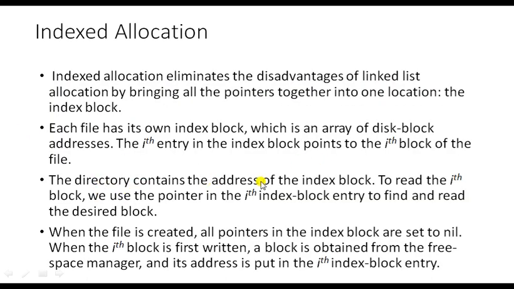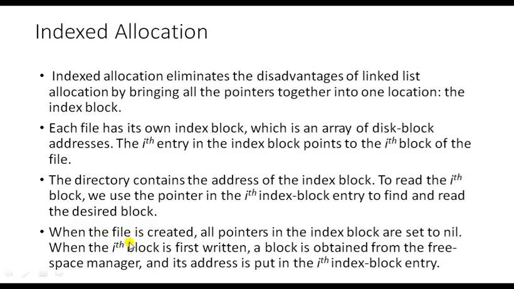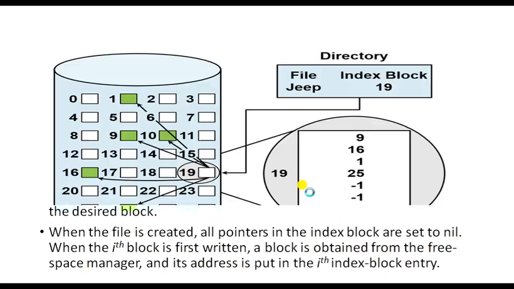So the directory contains the address of the index block. To read the ith block, we use the pointer in the ith index block entry to find and read the desired block. So to read the 16th block, it goes to the 16th block pointer address, and directly from that pointer it goes to the 16th block. When the file is created, all pointers in the index block are set to nil. When the ith block is first written, a block is obtained from the free space manager and its address is put in the ith index block entry.